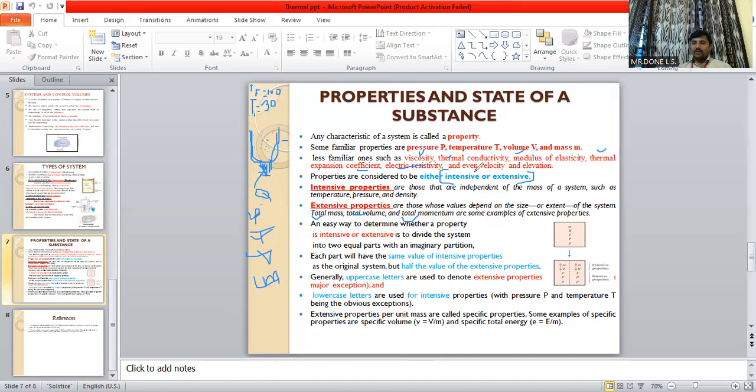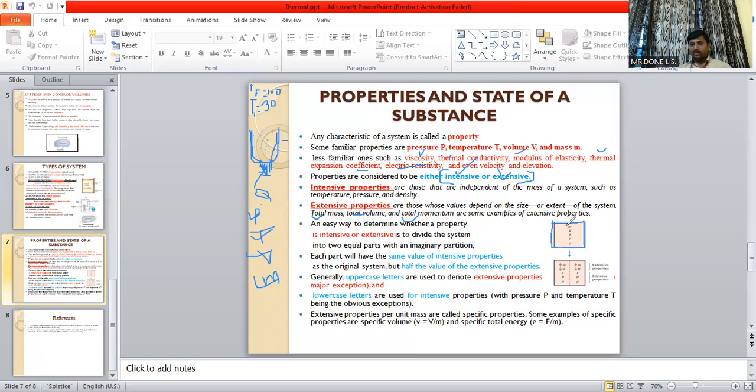Now, how to identify whether a particular property is intensive or extensive? There is one method. An easy way to determine whether a property is intensive or extensive is to divide the system into two equal parts. Let us suppose this is the system.